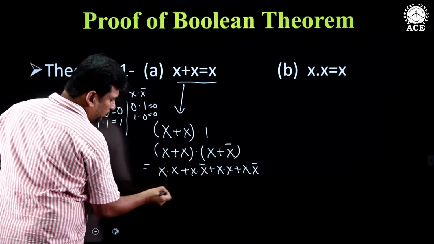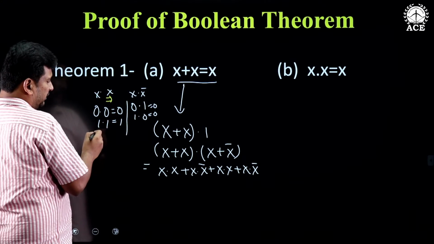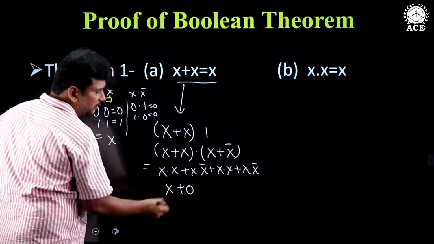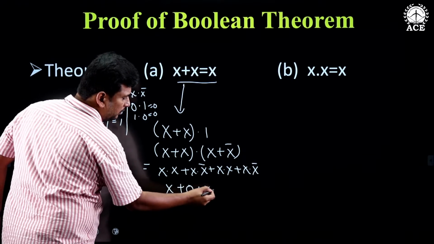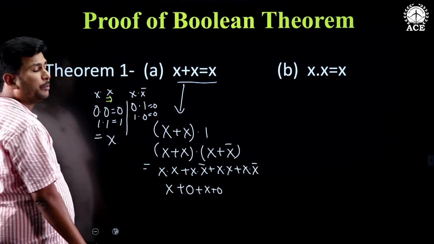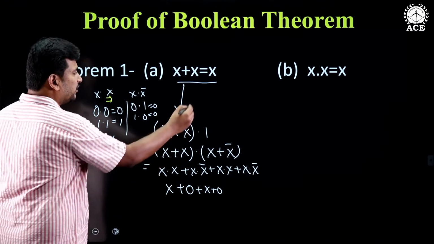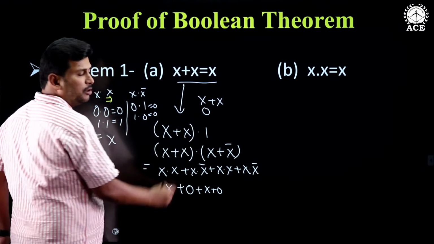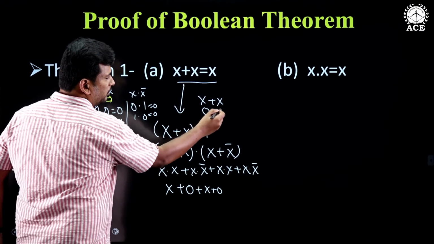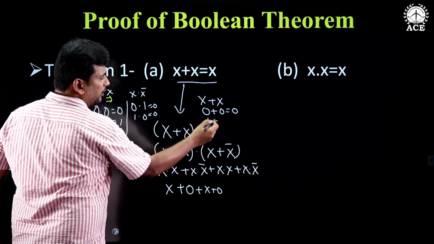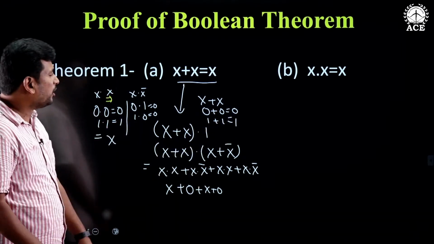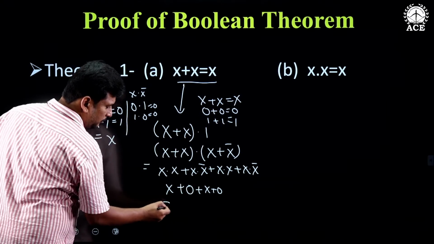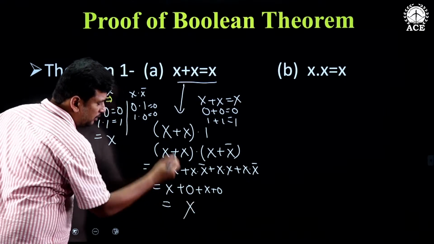So here you will be left with, and also one more important thing, X AND with X is equal to X. So let me replace with 0, X, 0, and once again one more important postulate and theorem, that a variable OR with itself: for instance, X equal to 0, 0 OR with 0 is 0, 1 OR with 1 is 1. So we can say X OR with X equals X. So your final expression is X.